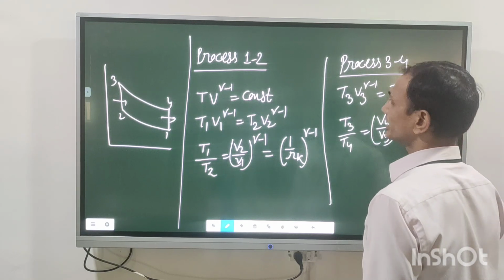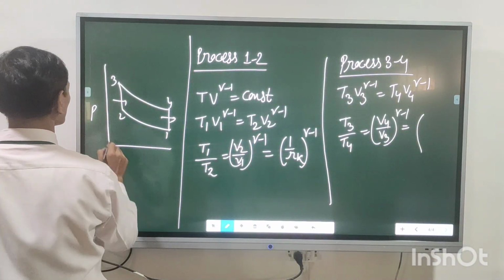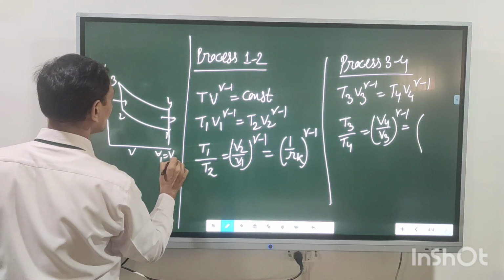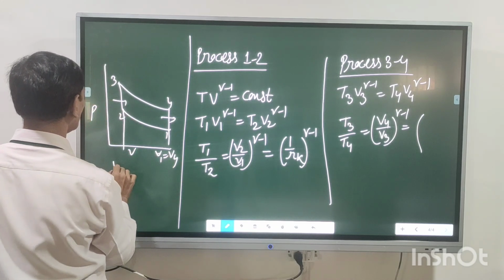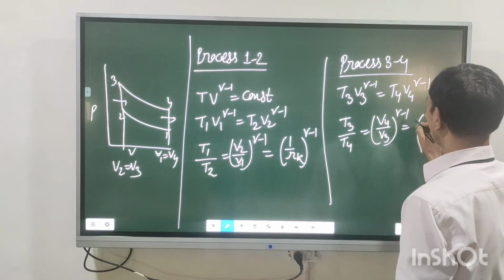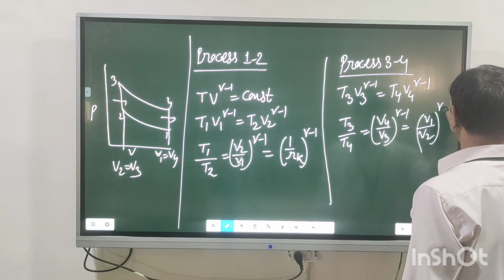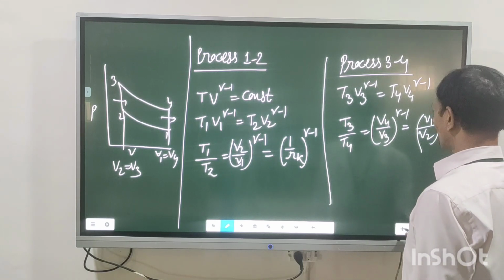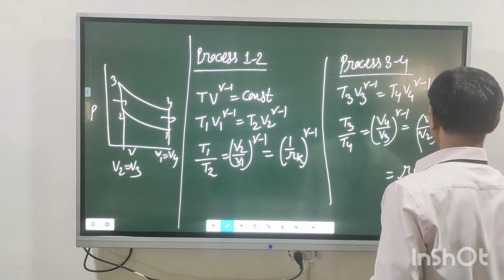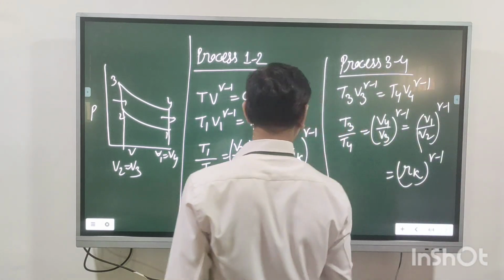This is the diagram drawn between pressure and volume. Here V1 is equal to V4 and V2 is equal to V3. So we can write (V1 upon V2)^(gamma minus 1). Now compression ratio RK is equal to V1 upon V2, so I can write RK^(gamma minus 1).